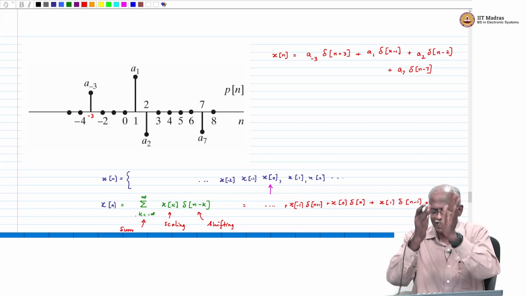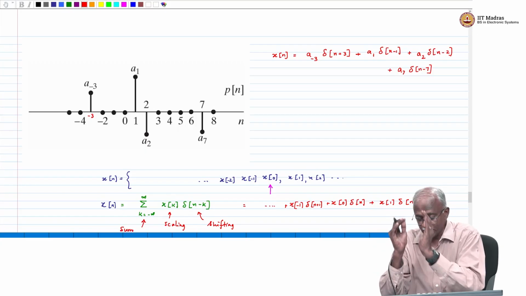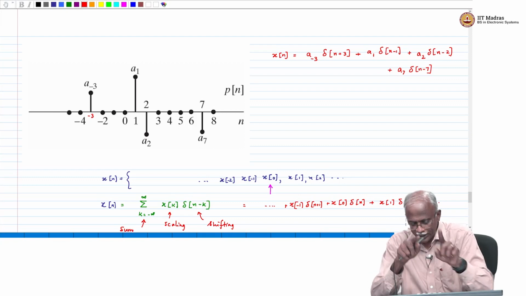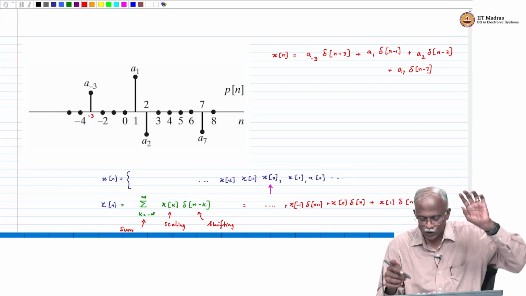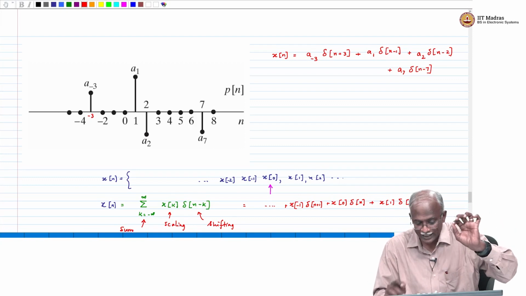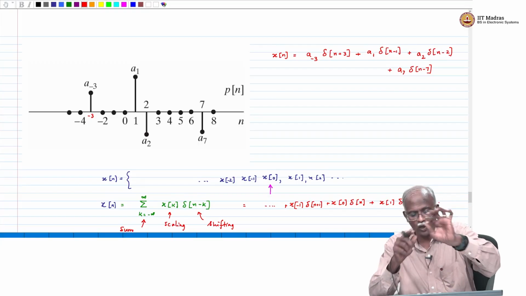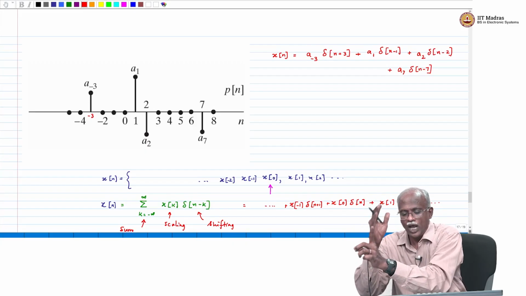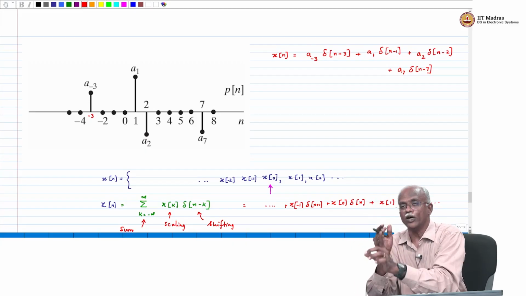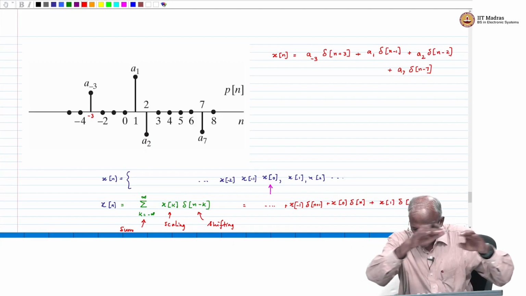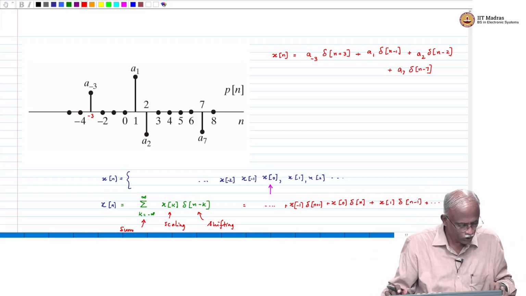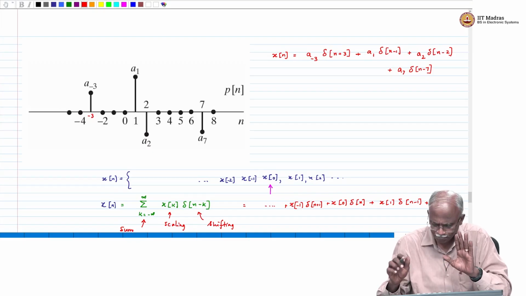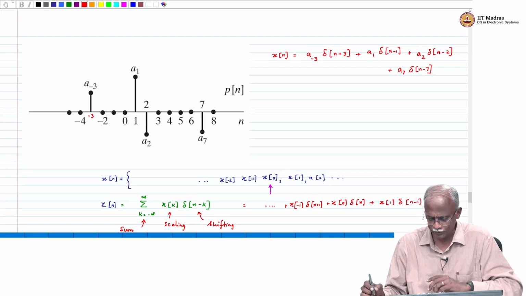Basically each of these terms in the summation is non-zero only at one position, corresponding to that value of x of n. So, whatever value of n you take, n equal to 2 or n equal to 10, one unit sample function will be non-zero, and the scaling of the unit sample function will correspond to the value of the sequence. So this is a very useful representation of the sequence.